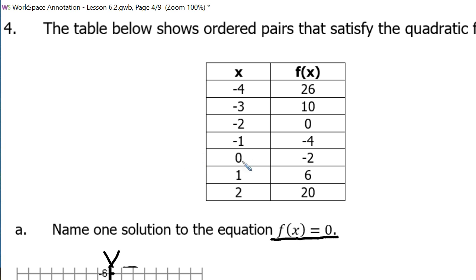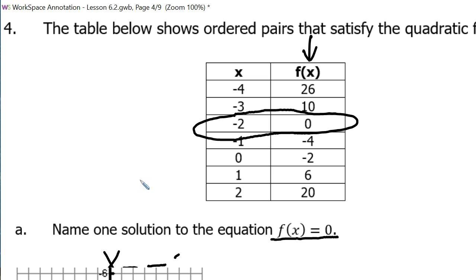So when y is 0, look through the y column. Where do you see 0? Right here on this row. And when f of x is equal to 0, what is x equal? -2. They gave us y. Our answer needs to be x. So if y is 0, the x value is -2.